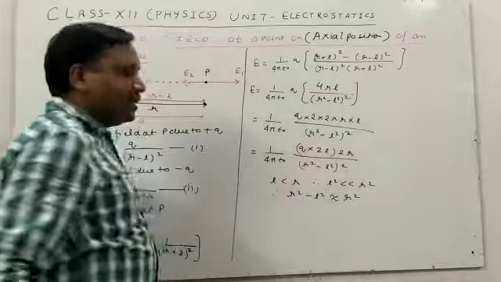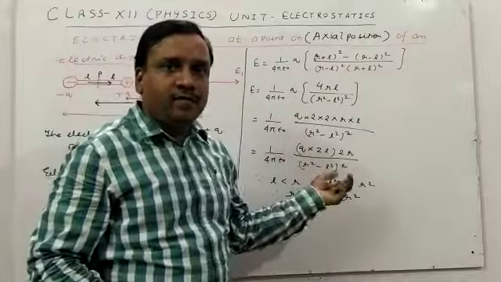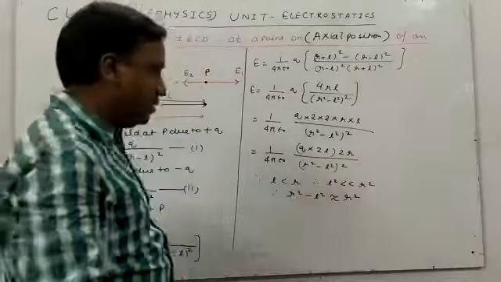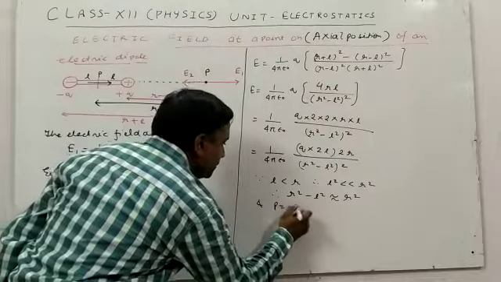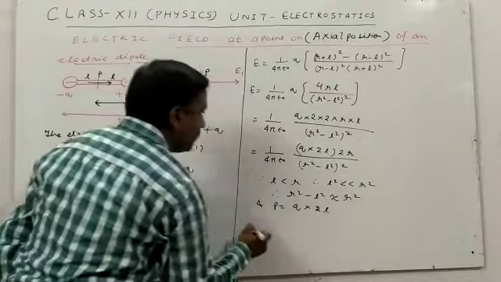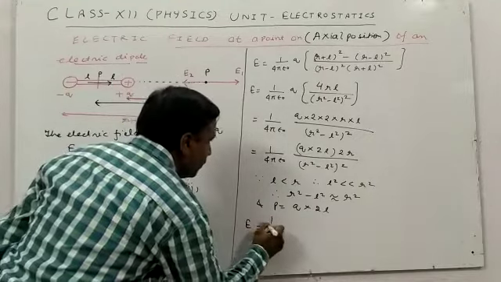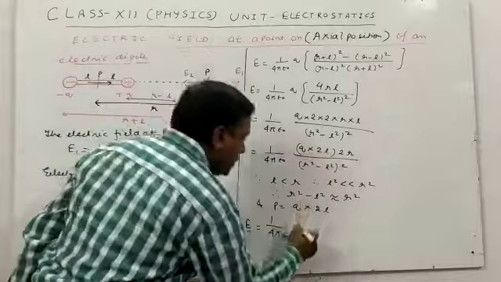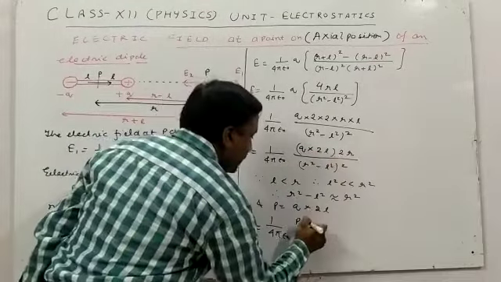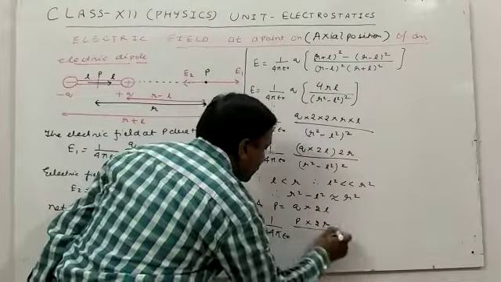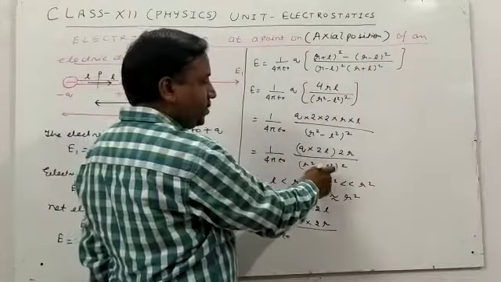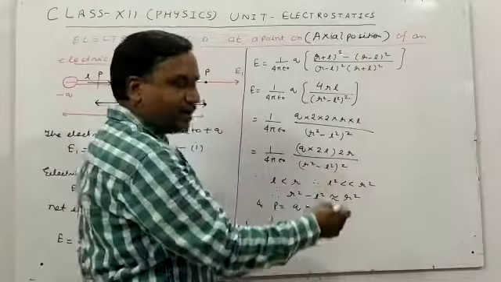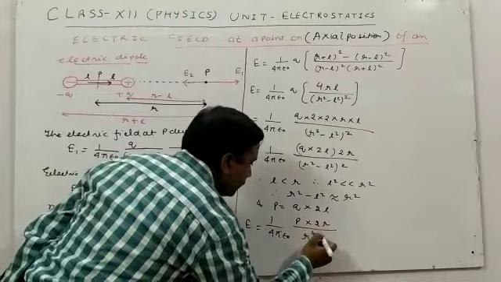It is known from the last class that the electric dipole moment p is Q into 2L. Then E will be 1 upon 4 pi epsilon 0, and from this equation you can write it as p multiplied by 2r divided by, ignoring L square, (r square) whole square, which is r raised to the power 4.